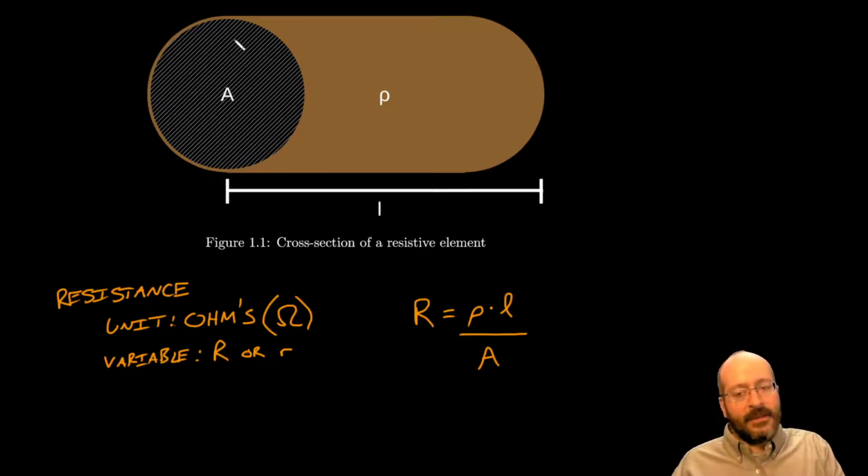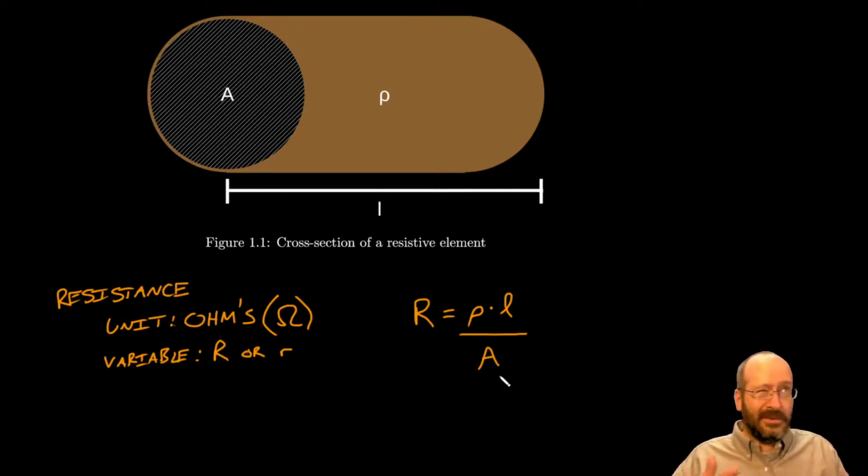If the cross-sectional area gets bigger, using this car analogy, which isn't a perfect analogy but I think it works, we're adding more lanes to the highway, then it should be easier to move the same number of cars the same distance. So the resistance is going to go down. That doesn't work in the city of Hartford. Trust me, I've commuted through Hartford for far too long. But in resistance, it does.